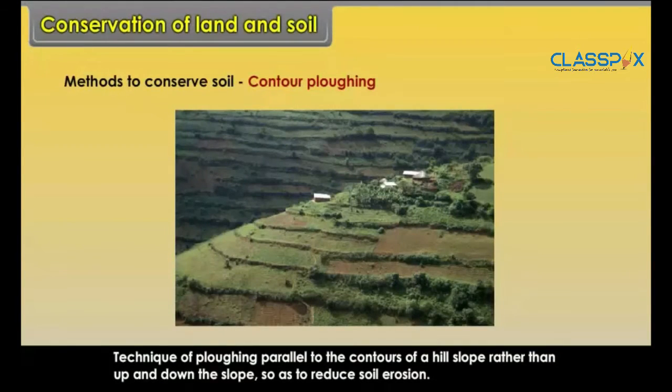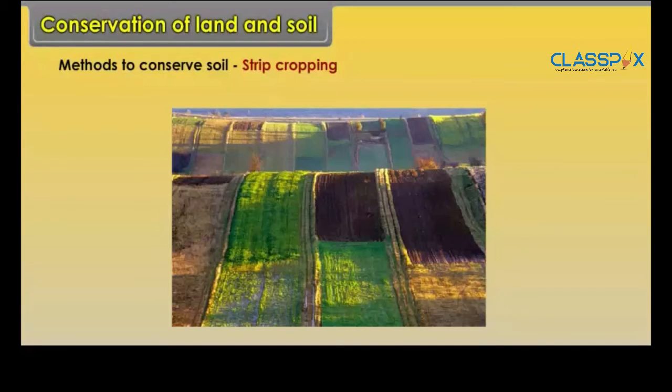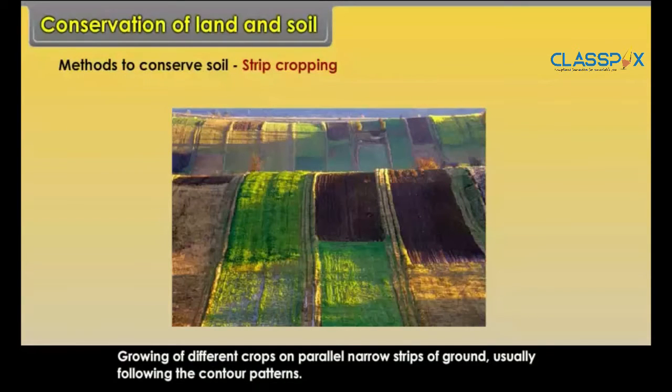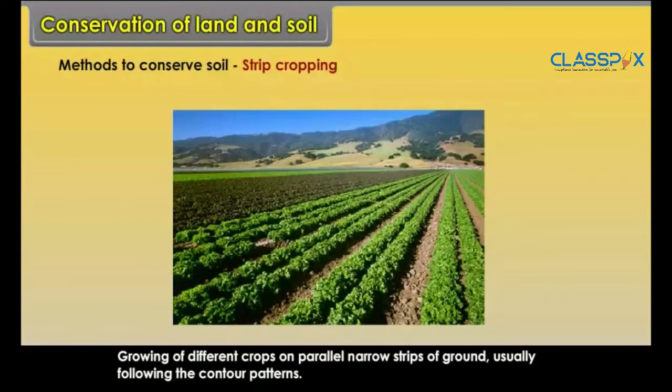Technique of plowing parallel to the contours of a hill slope rather than up and down the slope so as to reduce soil erosion. Strip cropping. Growing of different crops on parallel narrow strips of ground, usually following the contour patterns.